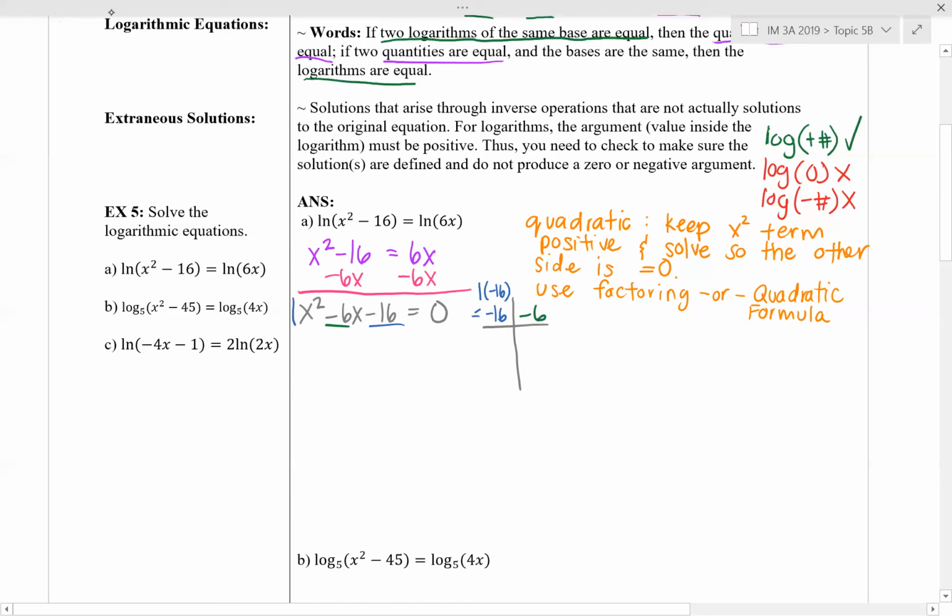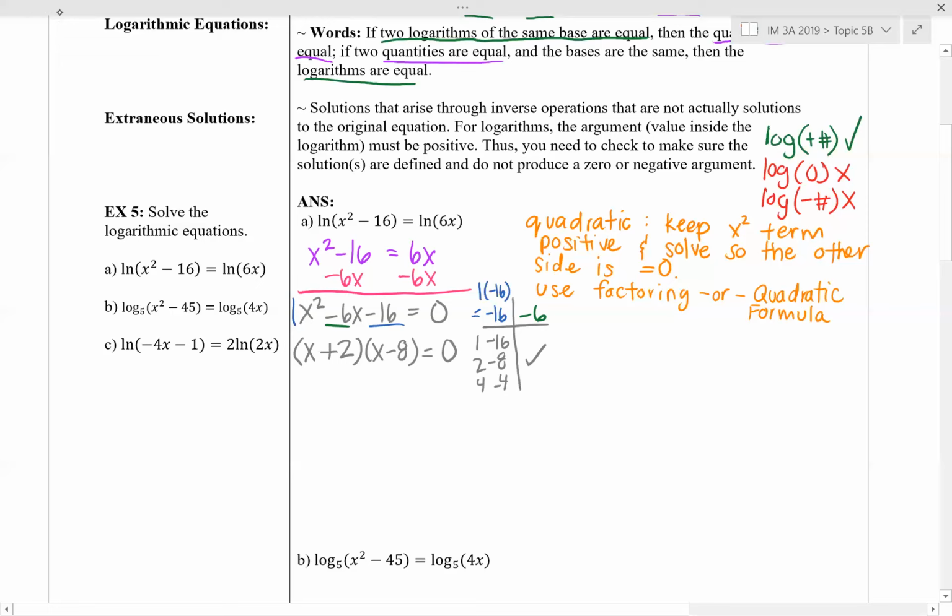I'm looking at factors of 16, which are 1 and 16, 2 and 8, and 4 and 4. In order for them to add to a negative, the larger number would have to be negative. If I look at those factors, 2 and negative 8 create a sum of negative 6. So 2 times negative 8 is negative 16, and 2 minus 8 is negative 6. That means those factor to x plus 2 times x minus 8 equals 0.